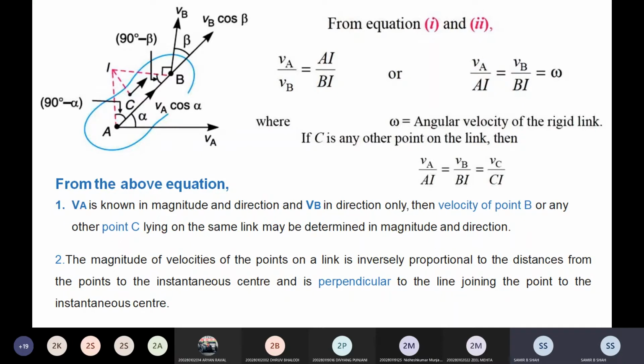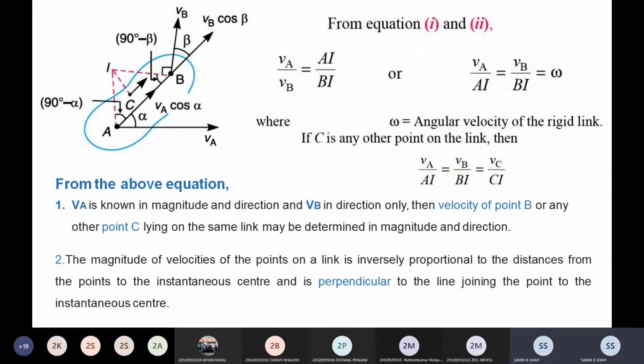The magnitude of the velocities of the points on a link is inversely proportional to the distance from the points to the eye center, which is perpendicular to the line joining the points to the eye center. You remember that?